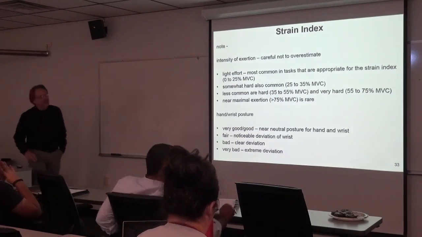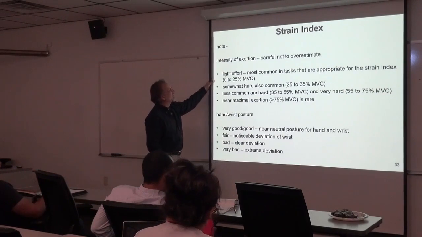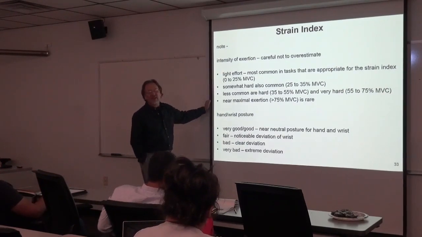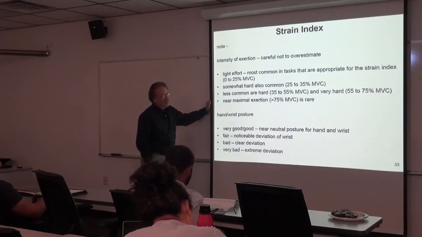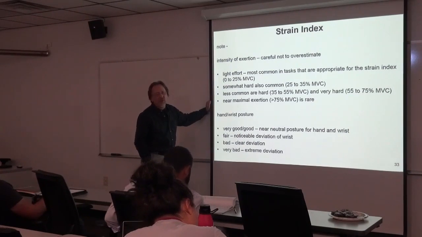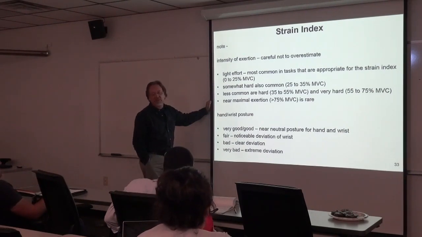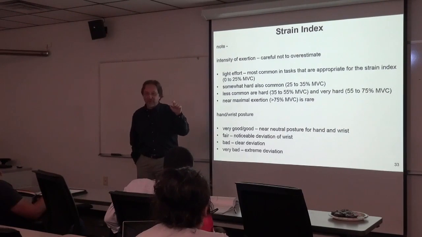But let's take a look at each one of the components. Intensity is light effort, and MVC is maximum voluntary contraction. To actually measure this would take a considerable amount of work if you wanted to figure this out. Because maximum voluntary contraction varies from individual to individual. What you need to do is take a person, and let's say that they're doing a task that requires them to squeeze something, okay, or press something.